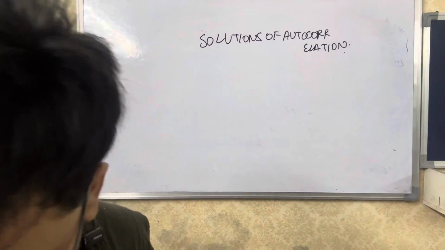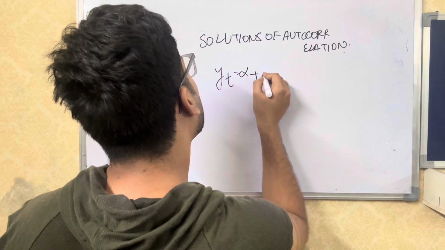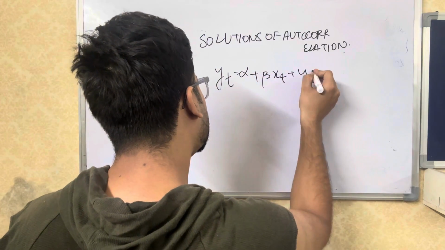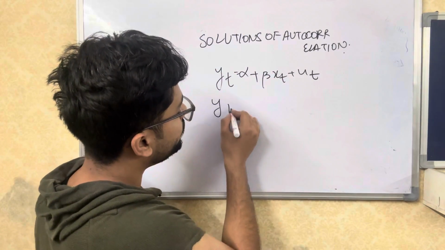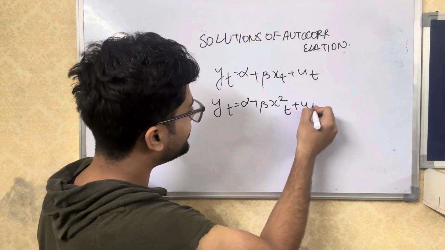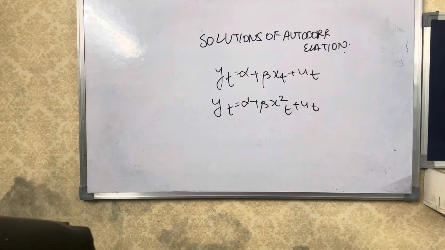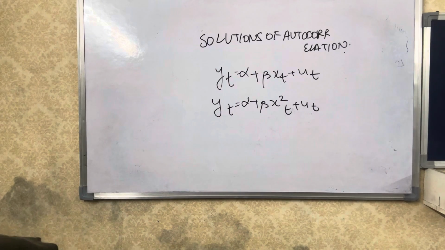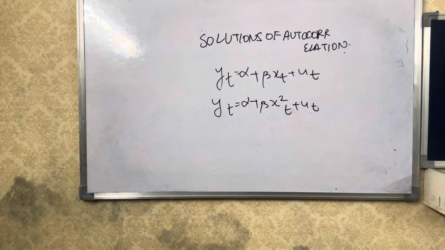Now some solutions says, let's say you have a model like this, yt is equal to alpha plus beta xt plus mu t. Now instead of taking this xt, you can take square. So yt will be equal to alpha plus beta x square t plus mu t. We are taking the square. In case of square, the chances are less that there will be this particular problem.